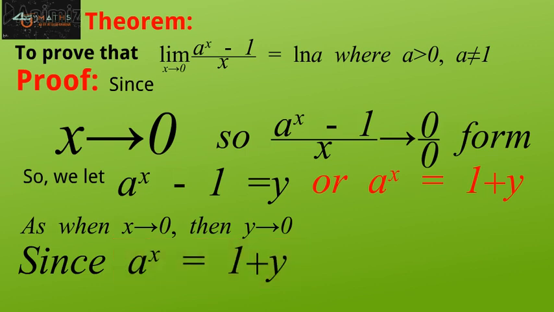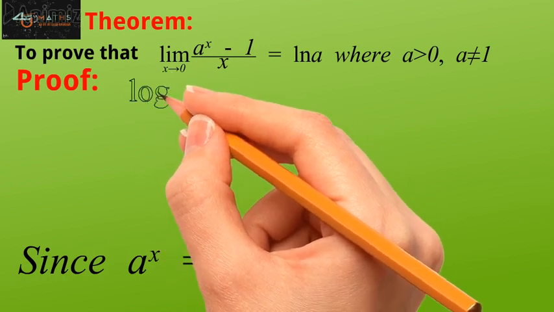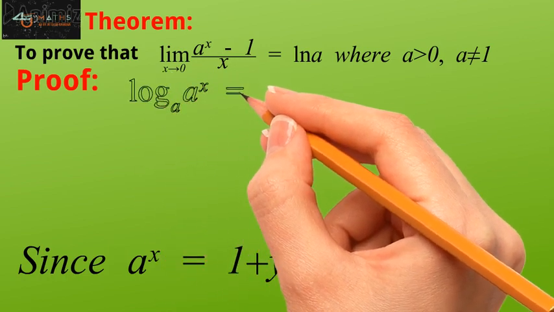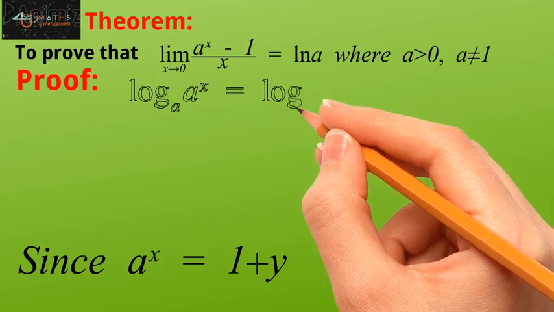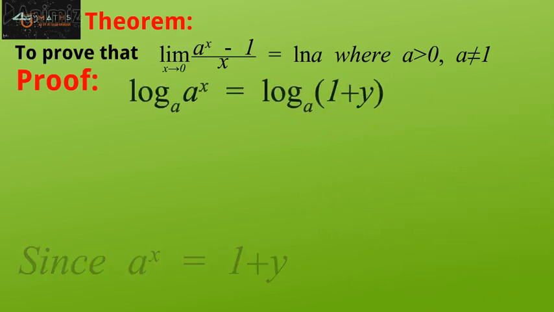Taking log of both sides, we have log of a raised to x to the base a is equal to log of 1 plus y to the base a. Now, according to the property of logarithm, we can bring the exponent x to the coefficient of the log.